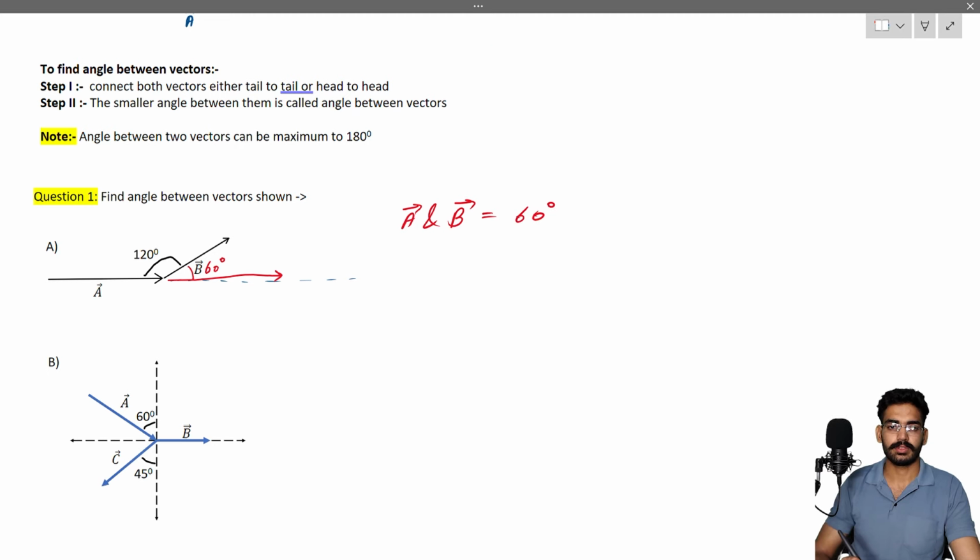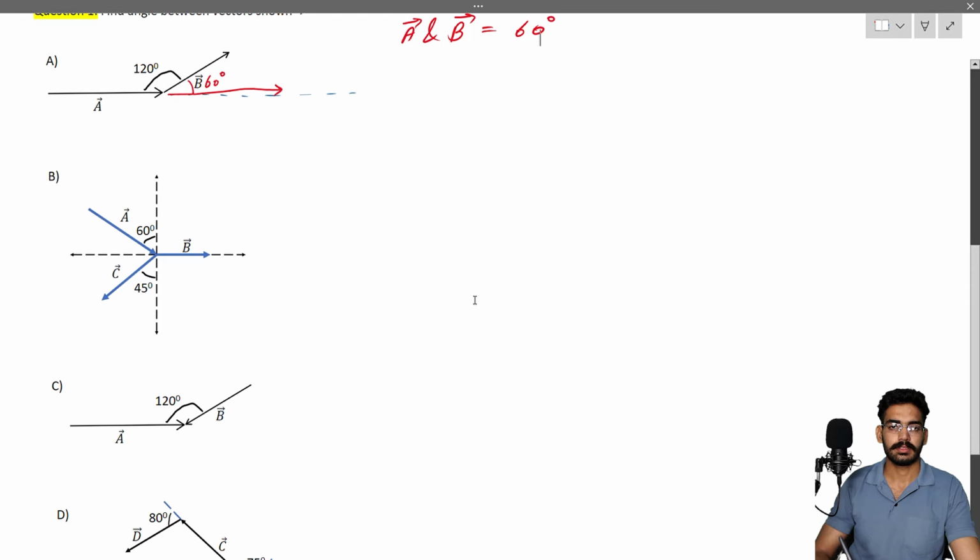Now let's do one more question. What is given here? A vector, B vector and C vector. Now if you see here, C and B have their tail on the origin, but A doesn't. So let's shift the vector A. If I shift this vector A, I will have all the vectors with their tail on the origin.